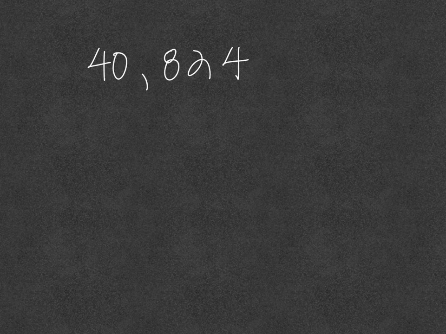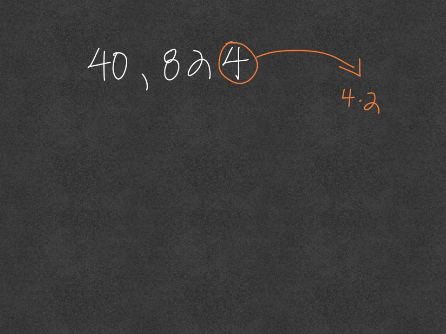So let's try it with 40,824. So the rule says that you take the last digit, so we're going to take this digit off of here, and we're going to double it. So 4 times 2 equals 8. And now we're going to bring this back here and subtract 8 from the remaining parts of the number.